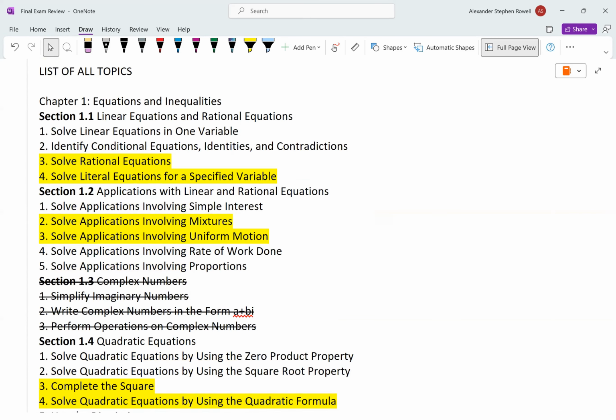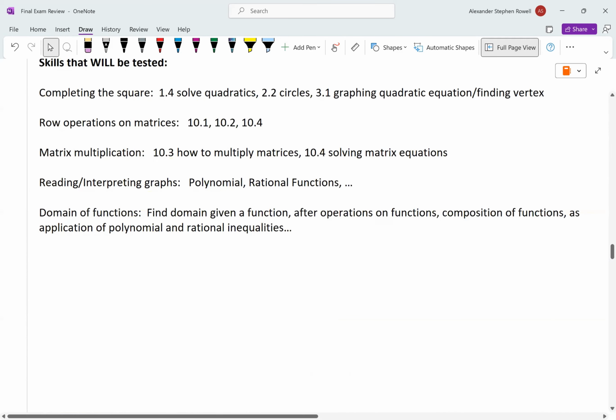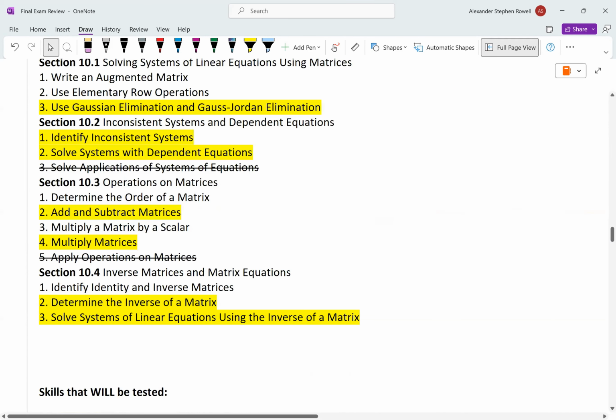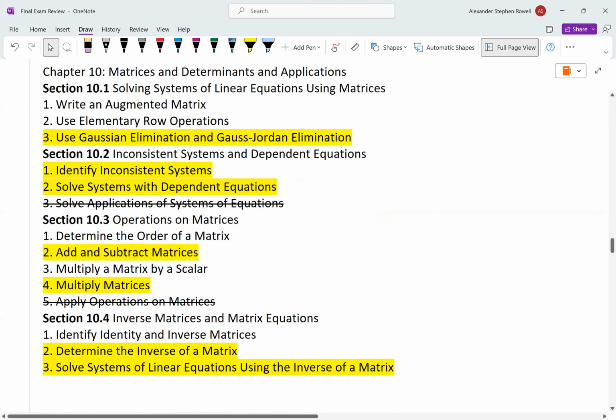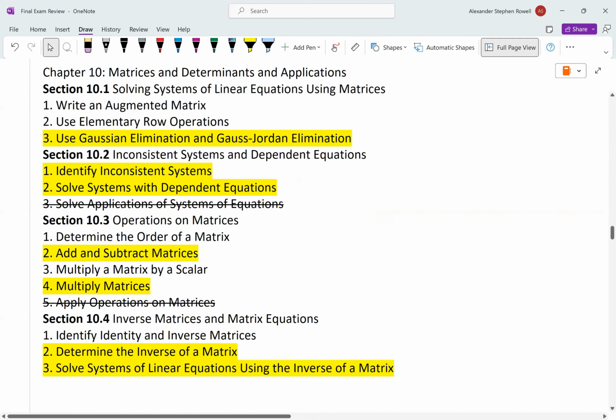Personally, I would start with 10.4 and work my way backwards, because I'm less likely to pull questions from chapters 1 and 2 than I am to pull questions later on. So I'm just going to talk about how I'm going to make the final.